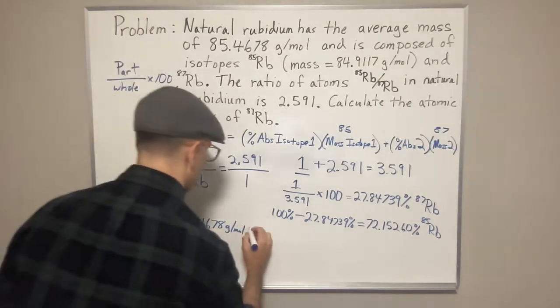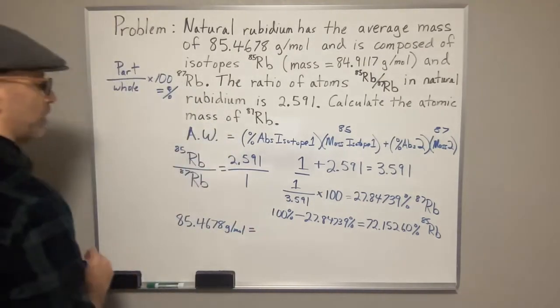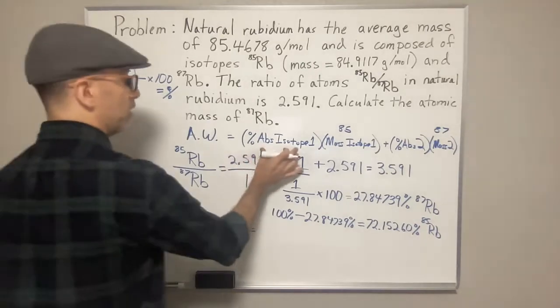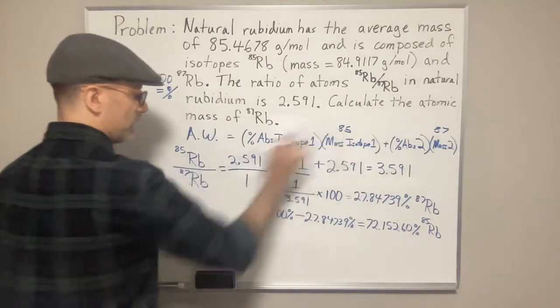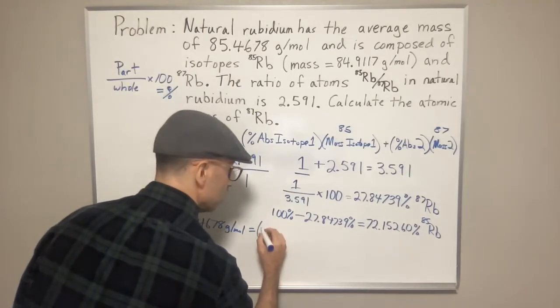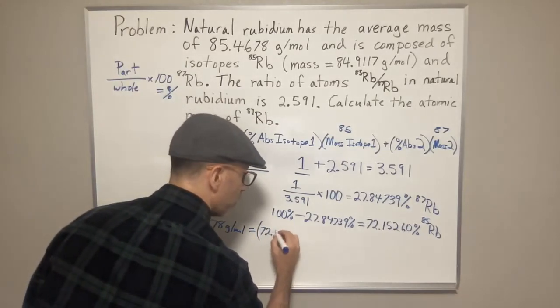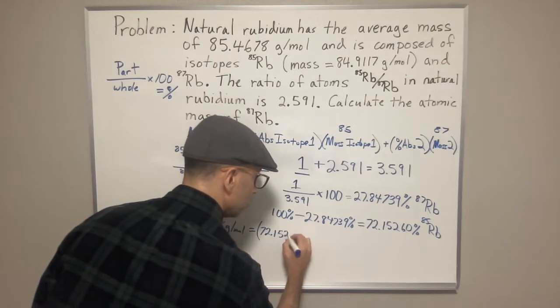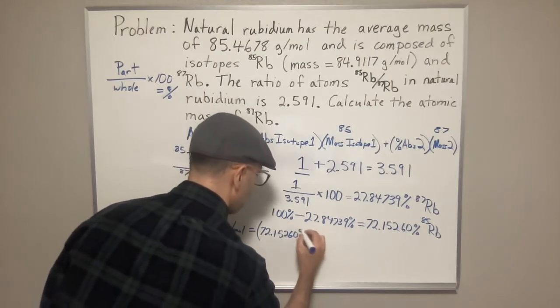And then that's going to be equal to the percent abundance of isotope number one. Isotope number one is 85. So that's going to be 72.15260%.